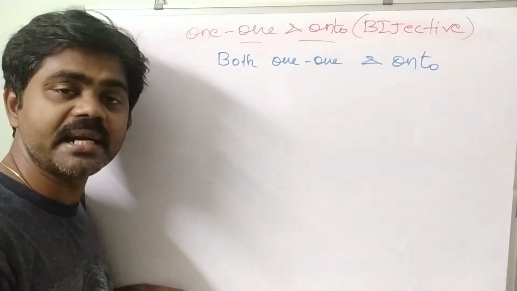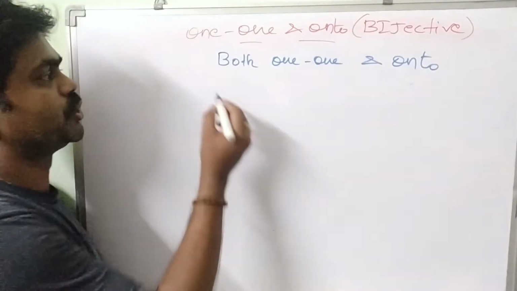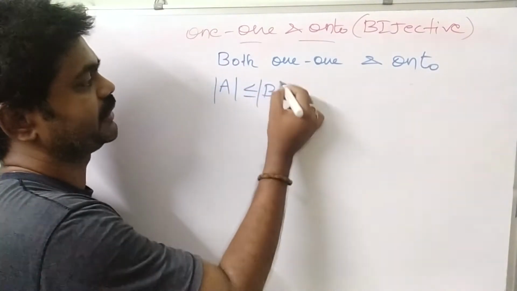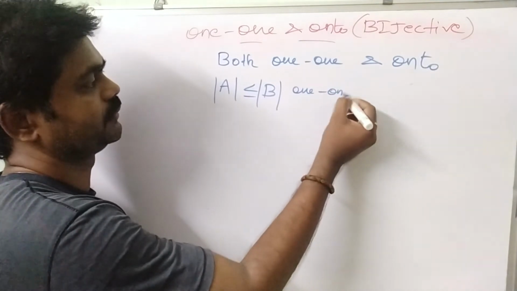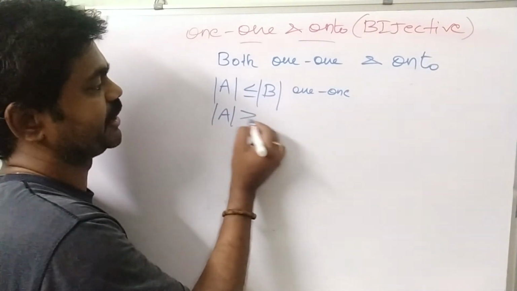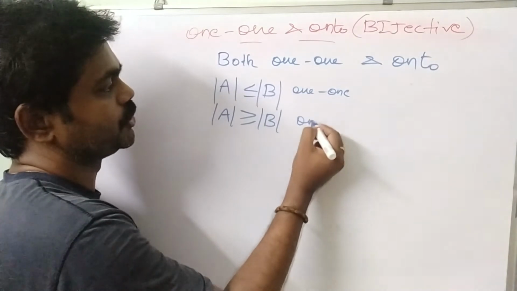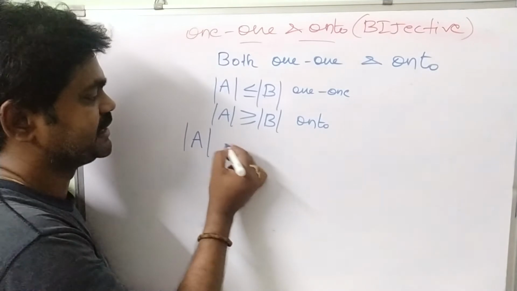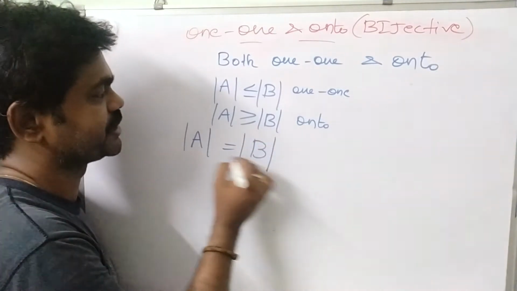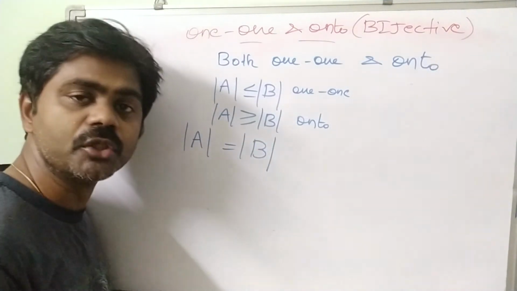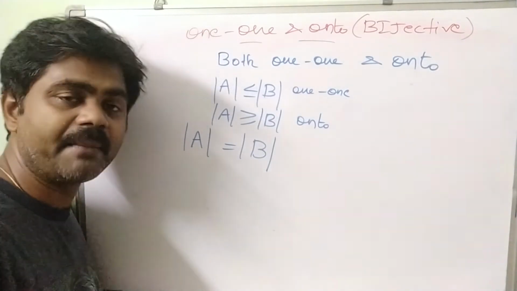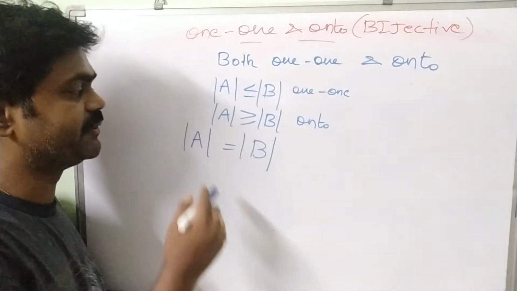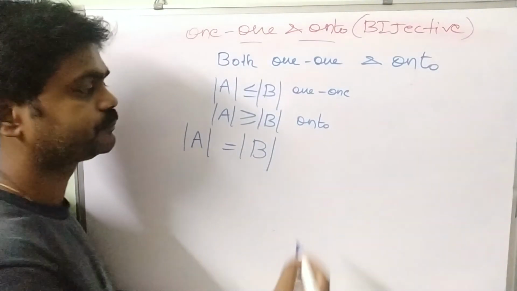So it is called one-one and onto, bijective. So we know that A less than or equal to B for 1 to 1, A greater than or equal to B for onto. So if we combine these, we can say that A is equal to B, that is bijective function, one-one and onto. Okay, so you can combine the examples which we discussed in both one-one and onto, and finally we get A equal to B.